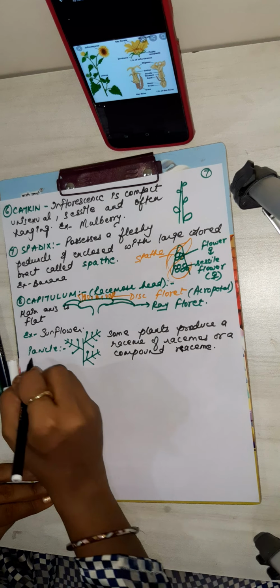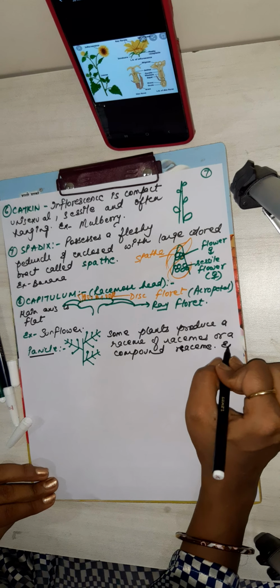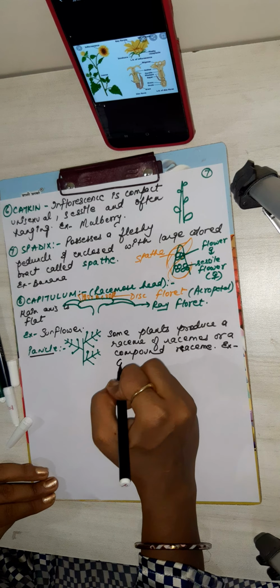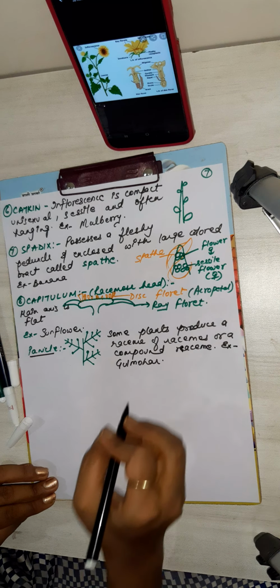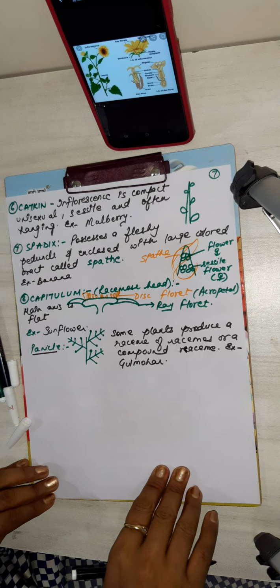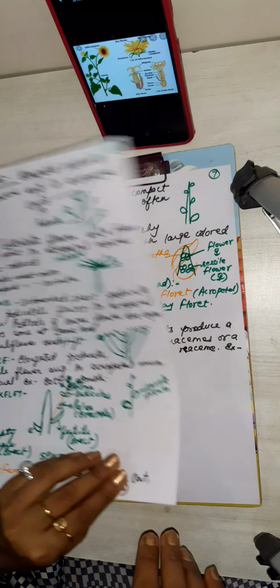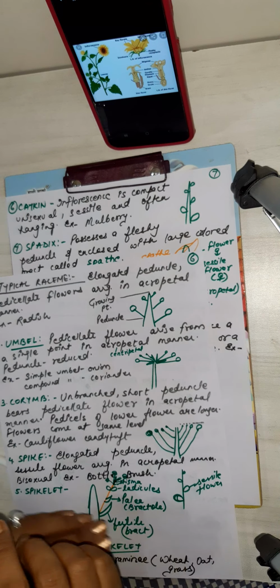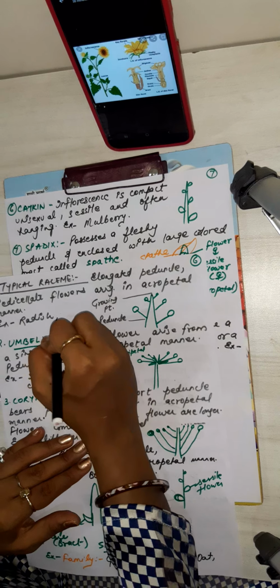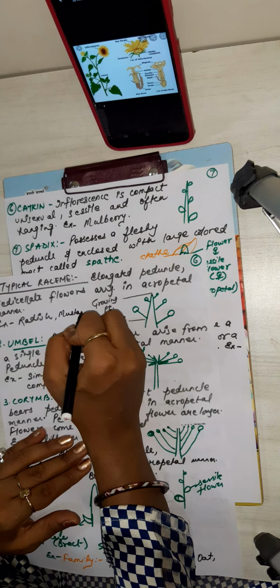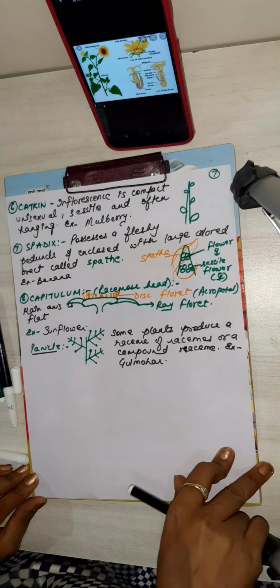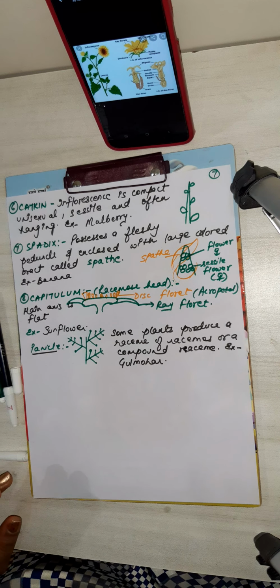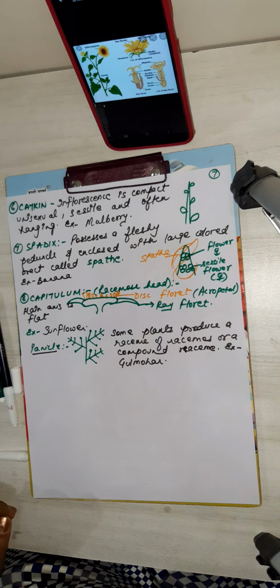It is called panicle. Example is gulmohar. An example of raceme also I have told you, radish, mustard. So students, this is all about the inflorescence. Next we will start cymose.